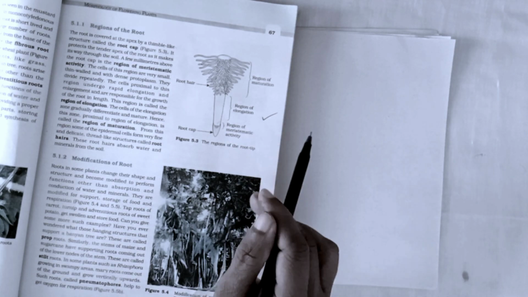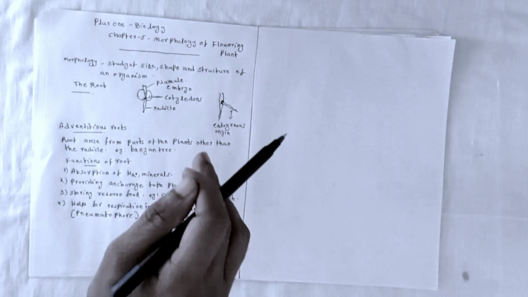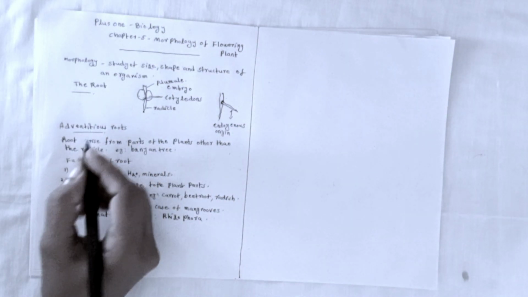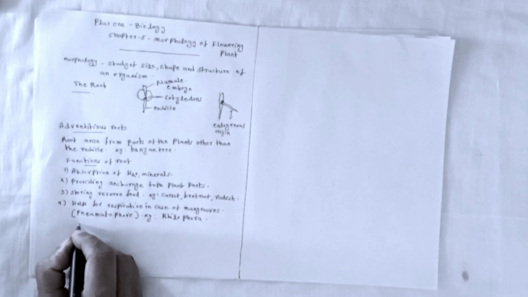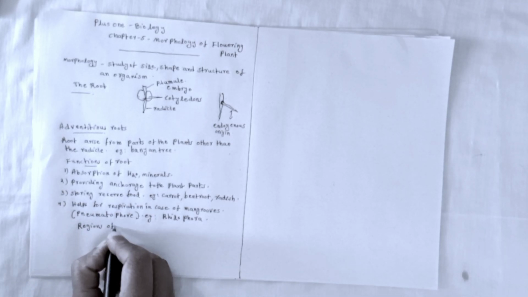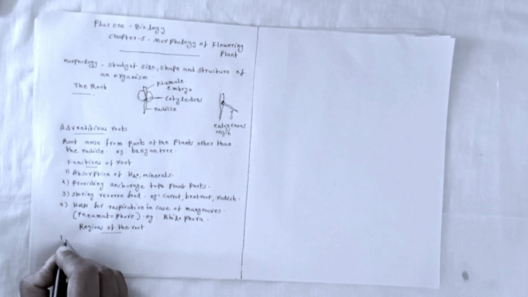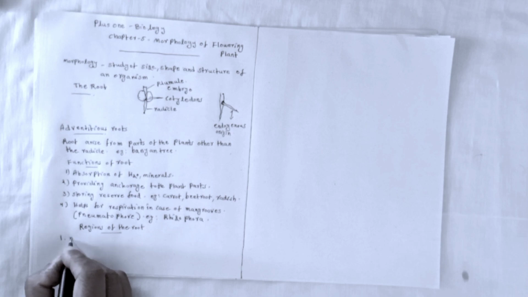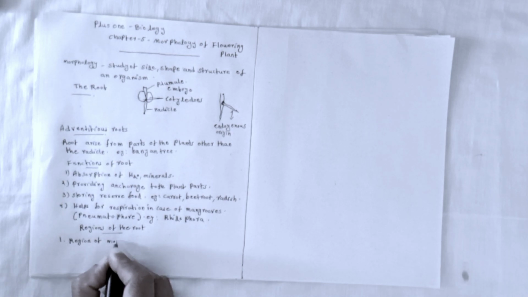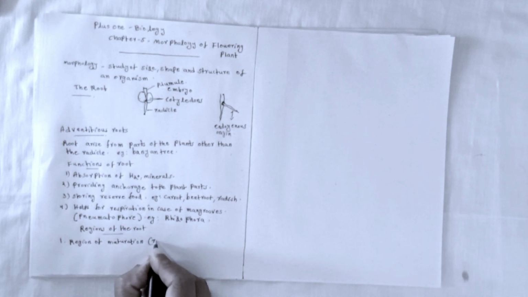We can see the functions of the different parts. First part, region of maturation. Here root hairs arise.